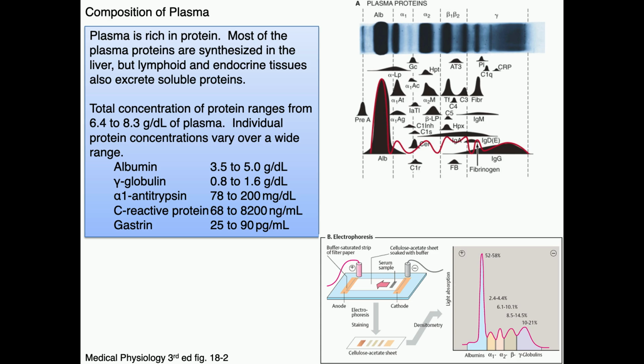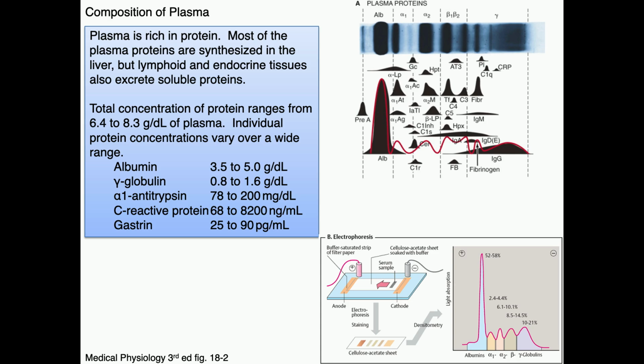And then proteins that act like hormones, like gastrin or insulin or something like that, that's going to be present in, I don't know, picograms per milliliter, very small, very low concentrations. So any one particular protein in the blood might be there in vast amounts, or it might be there in tiny amounts, but hopefully it's in the appropriate amount for whatever its function is, right?